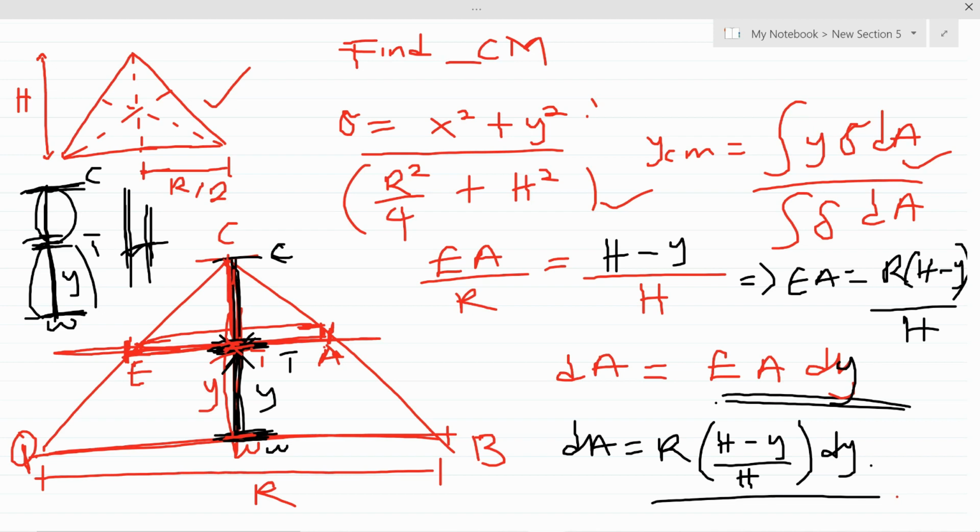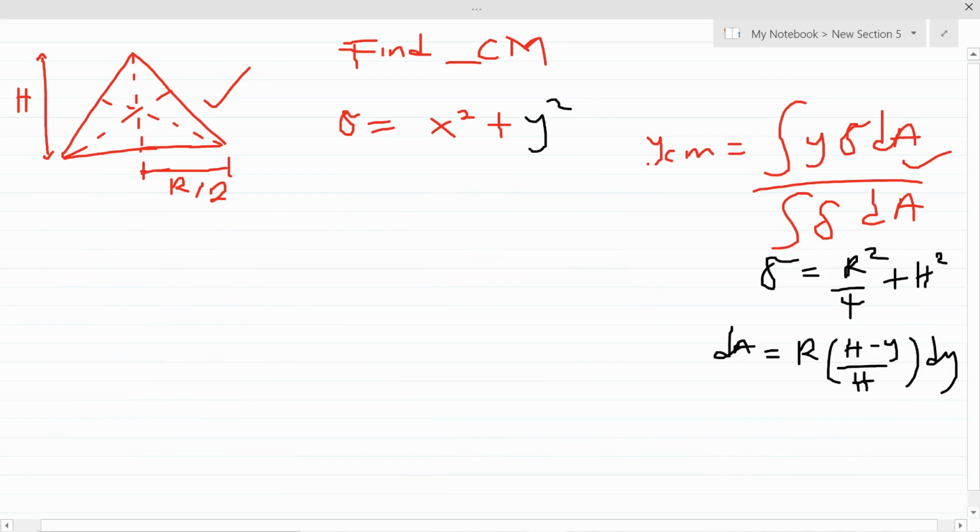So knowing all these, we've been able to find our sigma, which is the density, and it's x squared plus y squared, and in effect is the same as r squared over 4 plus h squared. And we know our dA to be like that. Okay, now our YCM will be equal to the integral, now the limit of y.